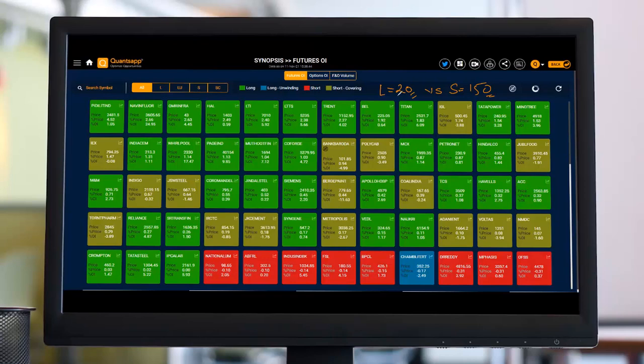I'm not predicting where Nifty or Bank Nifty is going to go, but I'm just having a general bias on the market, like which direction I am going to plan my option trade in. Is it the positive side, is it the negative side, or is the market breadth evenly poised? Whatever the data says, we will act upon that.